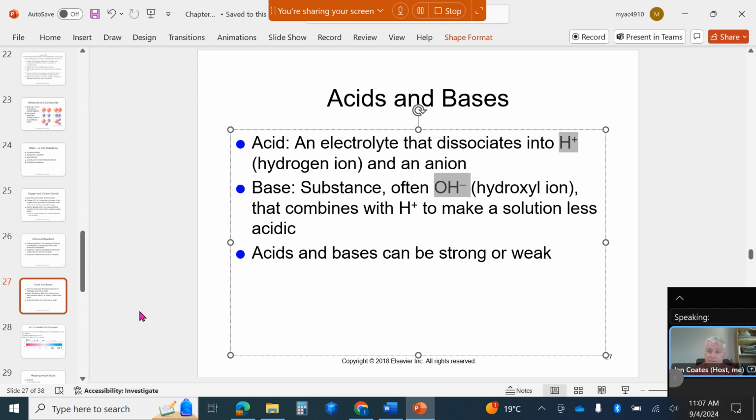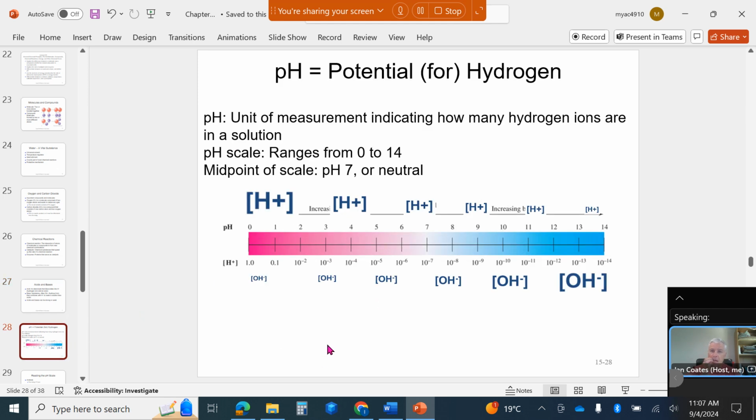That's it. All right. So here we're talking about pH. This is the pH scale. pH just stands for potential for hydrogen. That's all it means. And you'll see there that your pH scale goes from 0 to 14. All right? And neutral is 7.